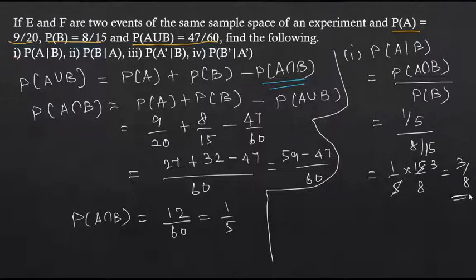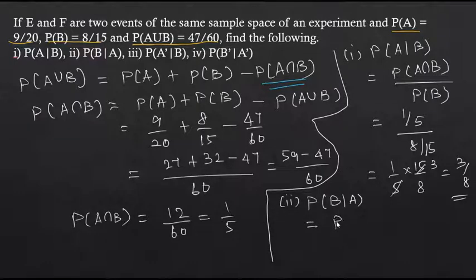Likewise we have to find the others. Can you do this? Similarly, the second one is the conditional probability of B such that A has already occurred. How to write the formula?